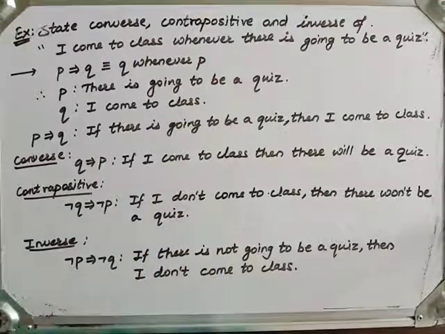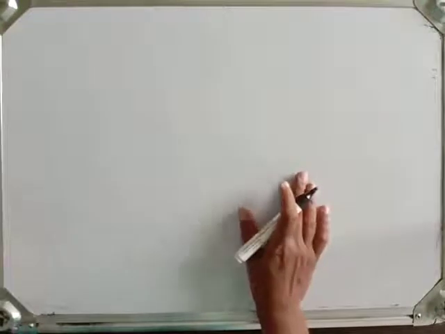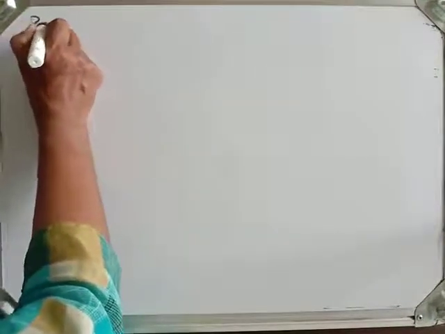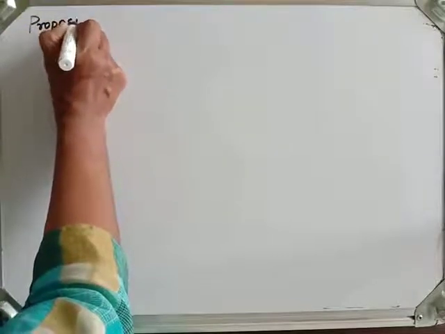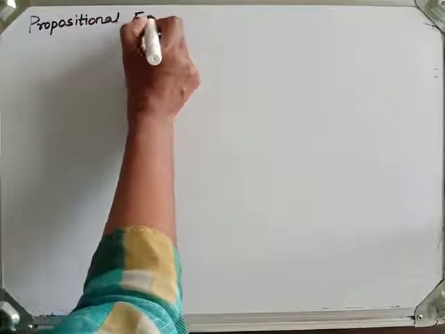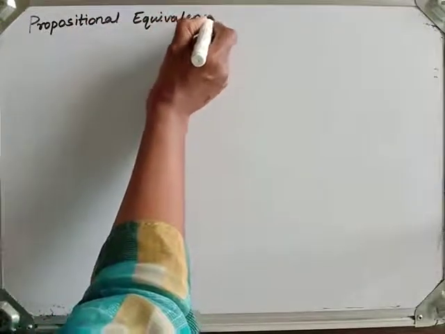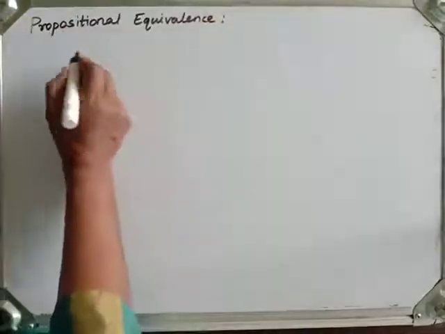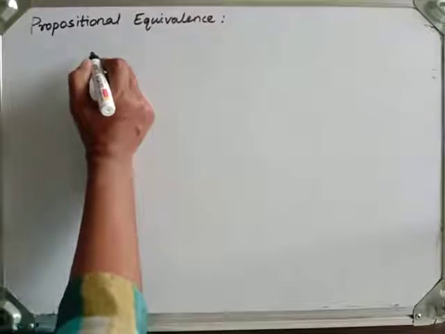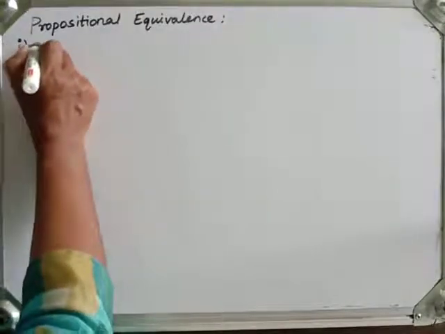Now the next topic is propositional equivalence. In that one, we will see the definitions of tautology, contradiction and contingency. So let me take the first one, tautology.